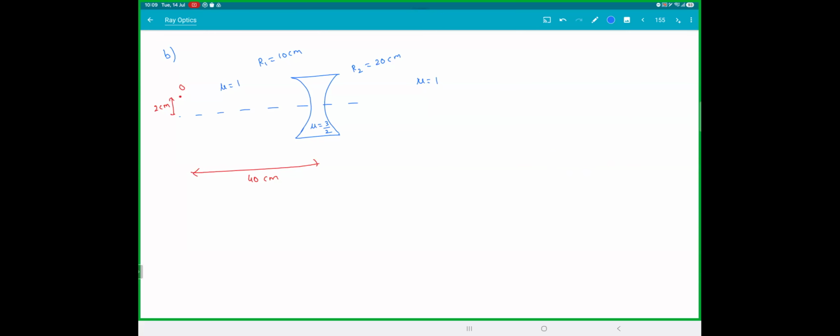Now, since you're at the starting stage, you have to be careful. Sometimes you'll mix up the mirror formula and the lens formula, so you can goof up. What's the answer for this? Minus 10. We have one answer. Others?